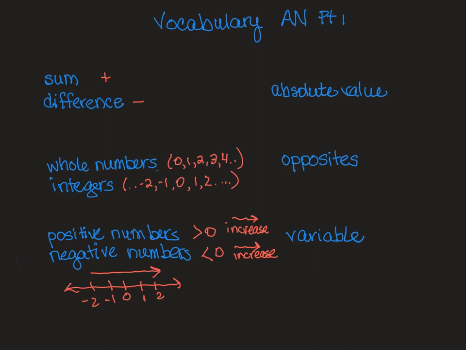If I owe you $1, I'm way better off than if I owe you $2. And on the other side of 0, it's exactly what you have been doing. 2 is greater than 1, 3 is greater than 2, 4 is greater than 3, and on and on. Both increase on the number line as you move from left to right. That's something to remember.